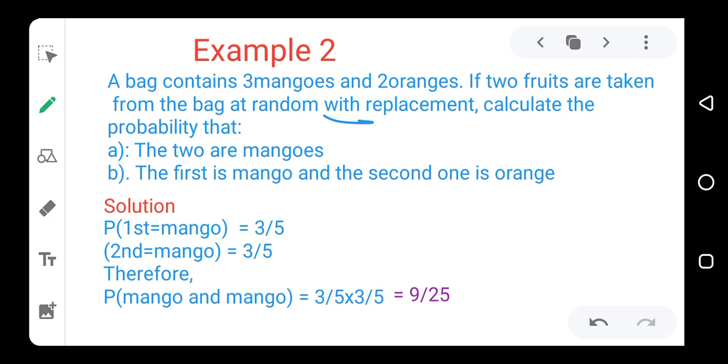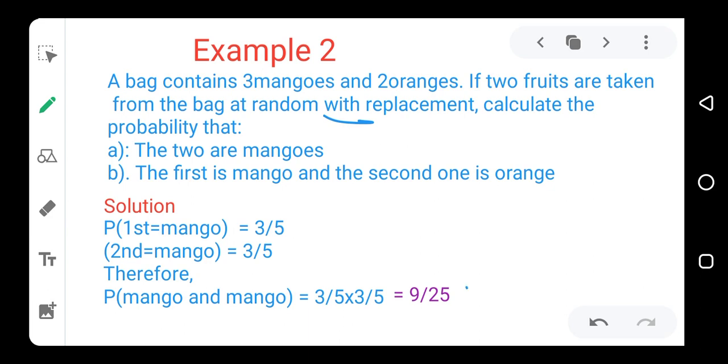The sample space remains the same. So it's now 3 over 5 again. So our probability now is 3 over 5 times 3 over 5, which gives us 9 over 25.